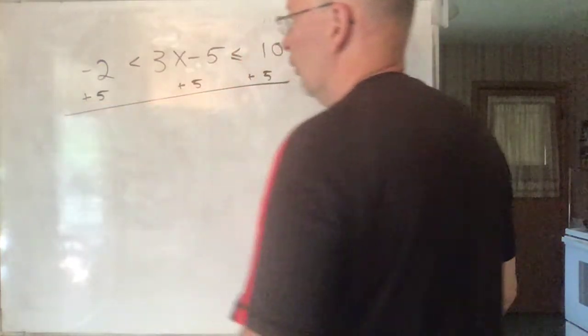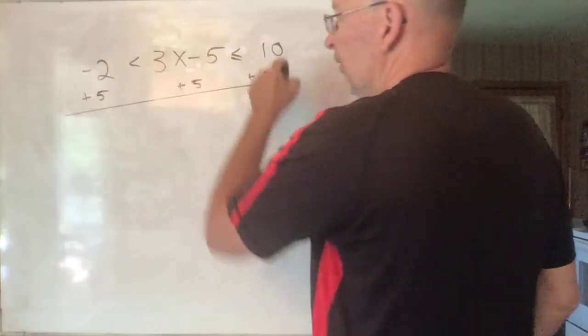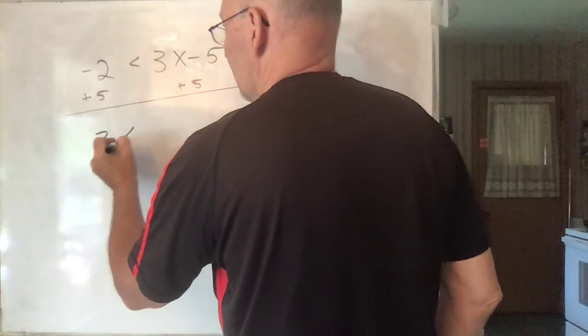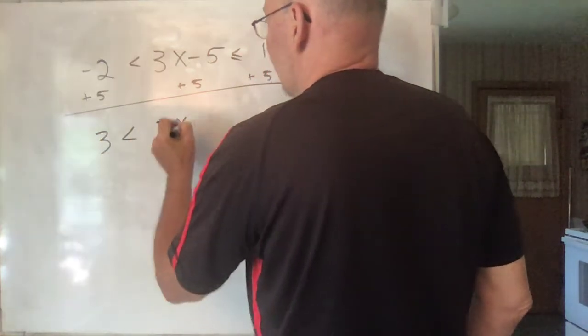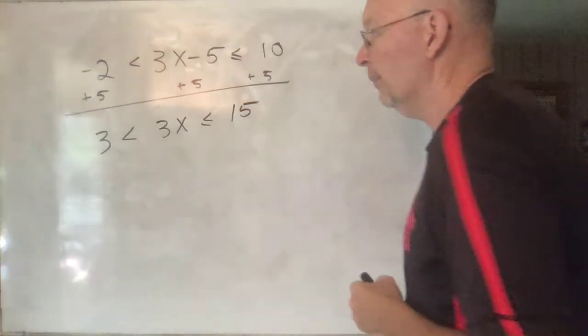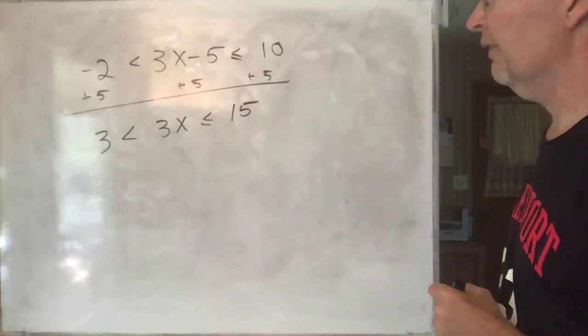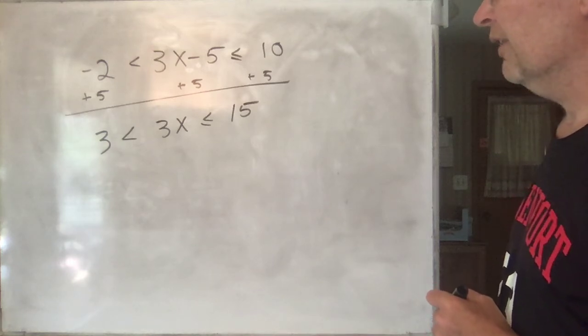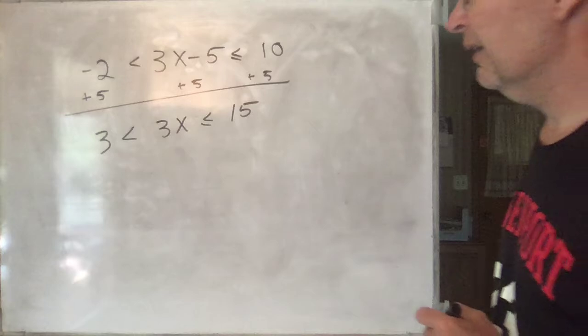Same idea as when you work with equalities, you just have to do it to 3 things rather than 2. So let's see, this is going to give us what? 3 is less than 3x is less than or equal to 15. Oh, I happened to choose nice numbers here. I just kind of did that off the cuff. Okay? And so you have that. And now you divide everything by 3.